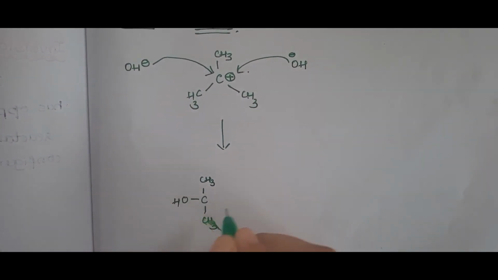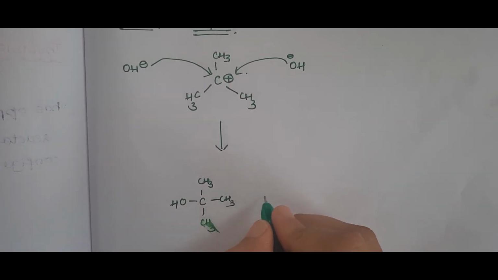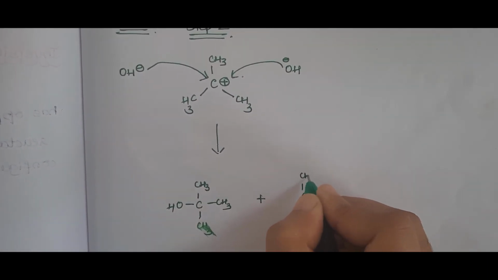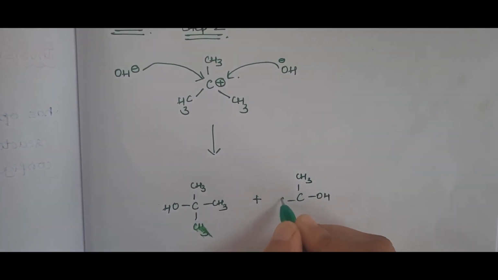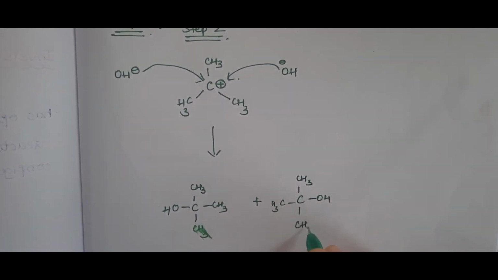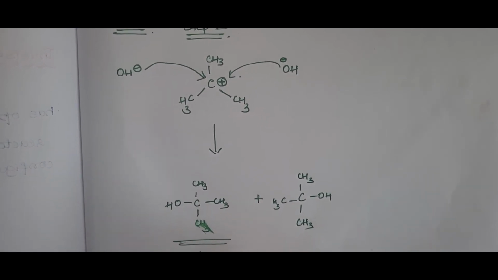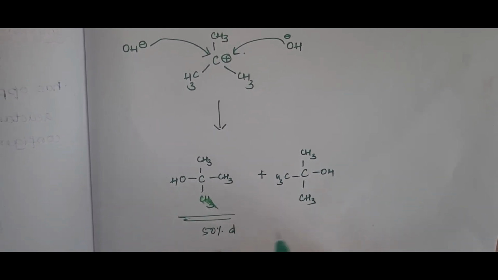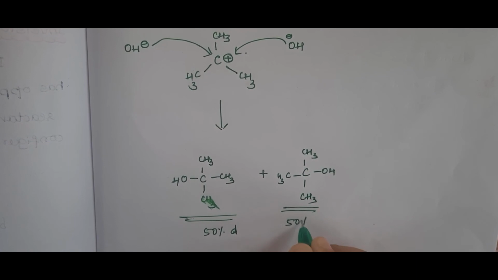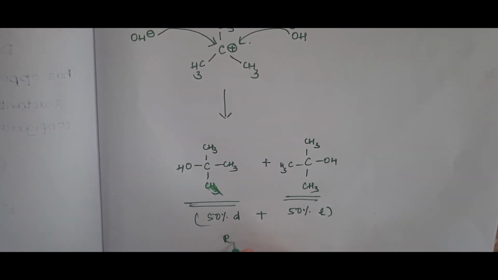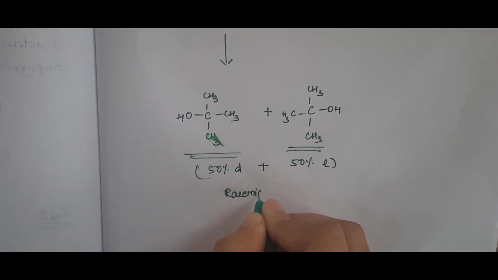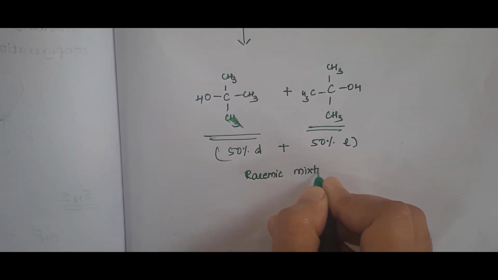That is, in one the nucleophile will be present on the left side, and in another the nucleophile will be present on the right side. So here one will be dextrorotatory, another will be levorotatory. So we get a mixture of 50% D isomer and 50% L isomer, and this we call as what? Racemic mixture, and the process is called racemization.